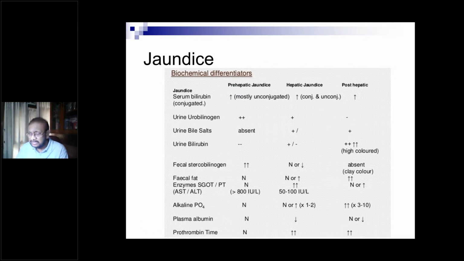One thing you need to remember is that when you have obstructive jaundice, high level obstructive jaundice, for a prolonged period of time, your stool becomes yellow colored. How yellow colored? You're just now saying the CBD is blocked, no urobilinogen formation, and then you're saying yellow colored. That is explainable. The explanation is that when there's a rise in conjugated bilirubin, all the cells are laden with this bilirubin.